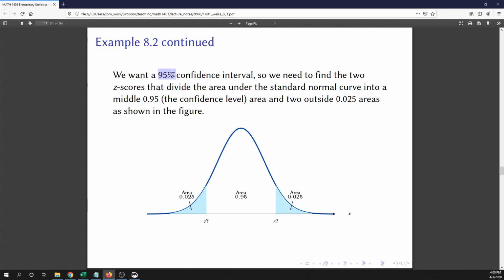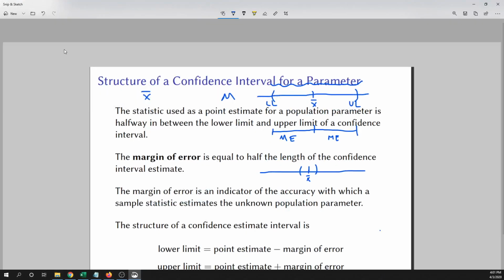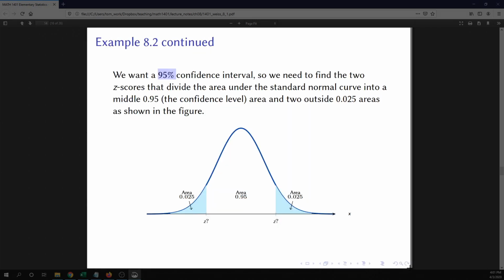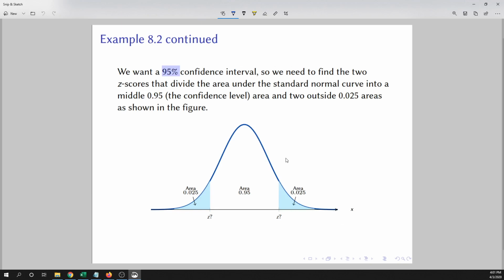We want a 95% confidence interval, and what that means is we would consider the normal distribution here and look at the area underneath the normal density curve, where the area in the middle is 0.95. So the area in the middle here is 0.95.